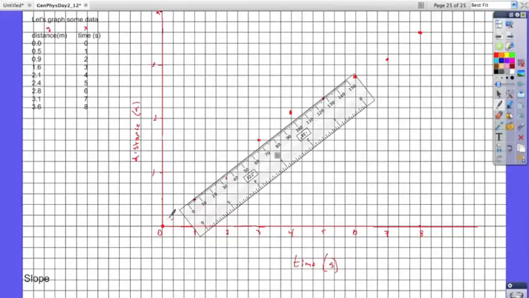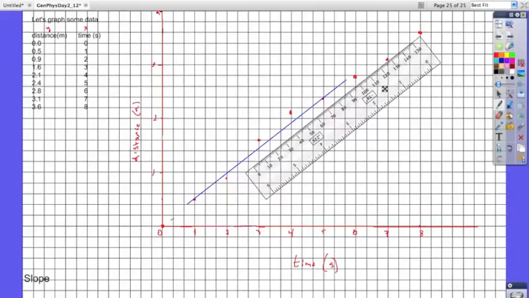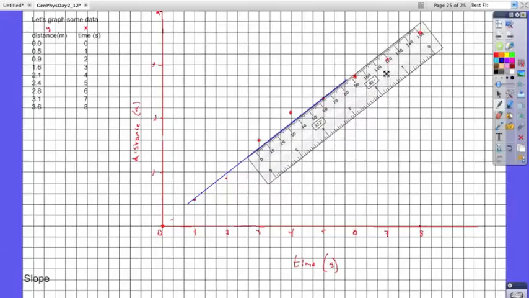Now ordinarily I would start way down at the bottom, not necessarily going through that point. The 0, 0 point is not any better data point than any of these others. So I'm going to put my pen down. Okay, I'm going to slide my ruler up to continue my trend line.